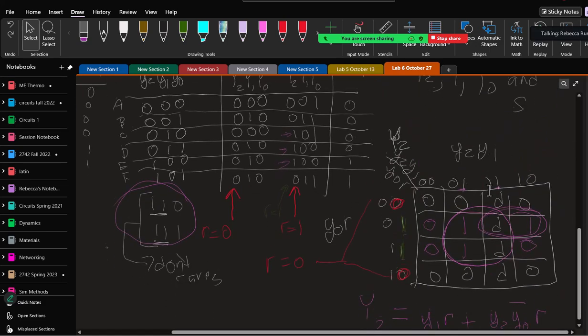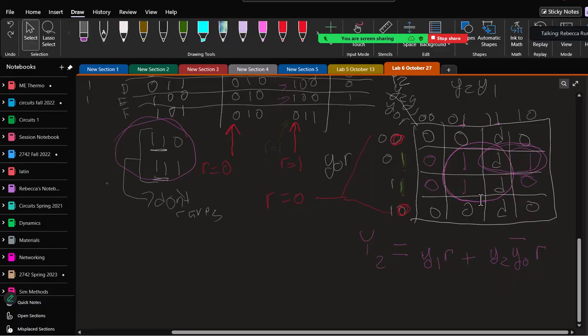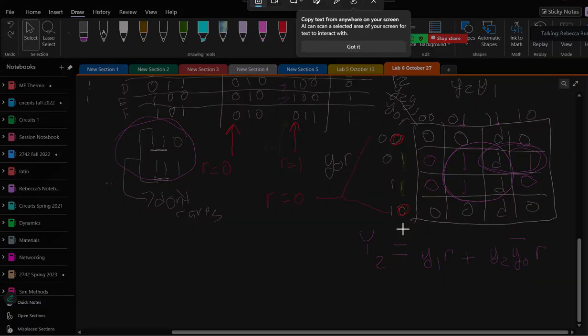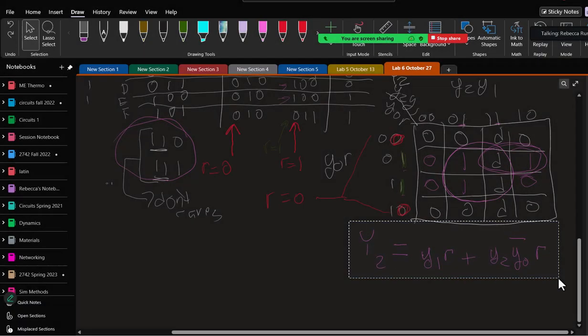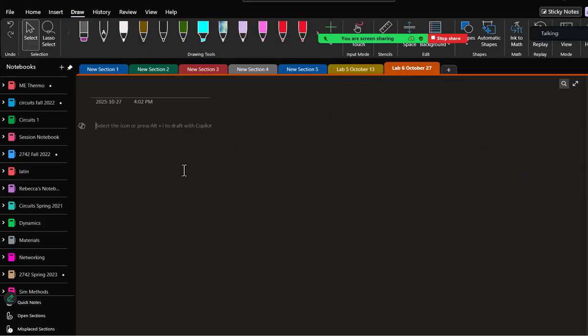Yes. Okay, all right. Well, let me gather together what we have. Every once in a while, this computer decides it's just not going to paste.